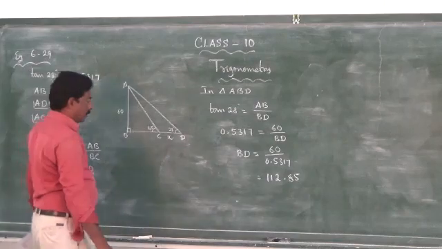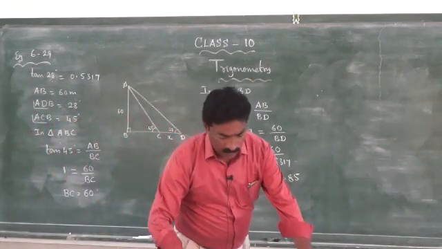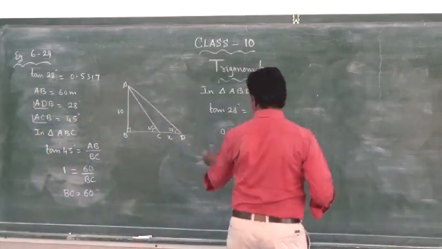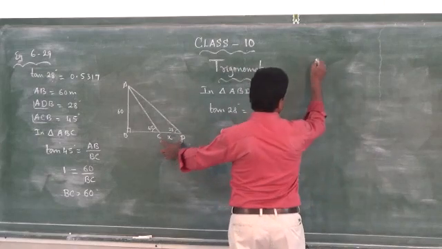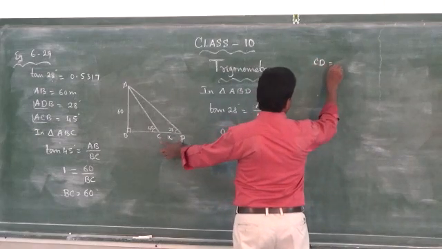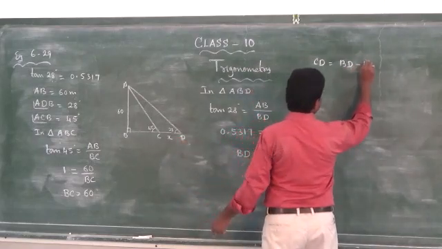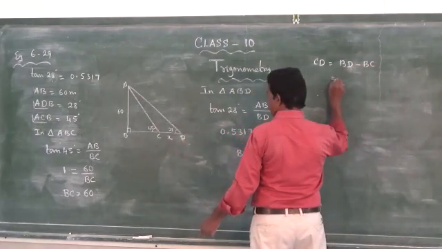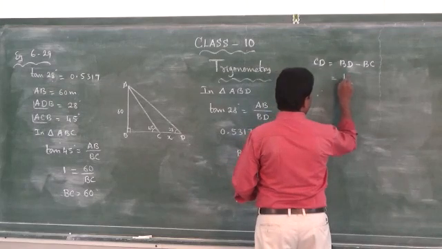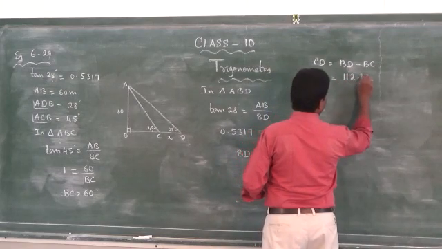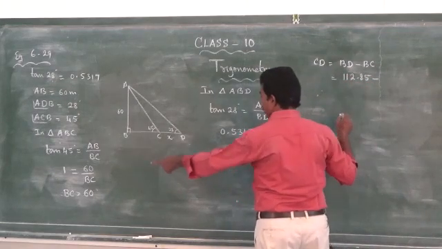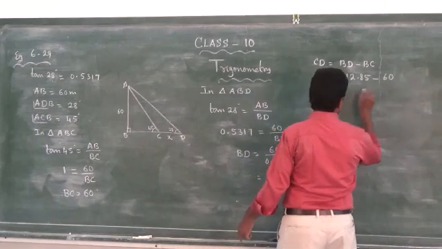BC is 60. Now, what is our question? You have to find only the distance between the two ships, that is CD. Therefore, CD equals BD minus BC. BD we just found is 112.85, minus BC which is 60.